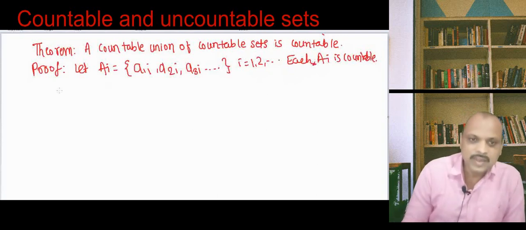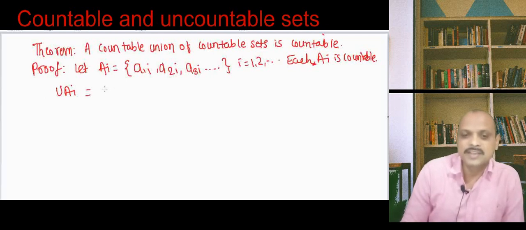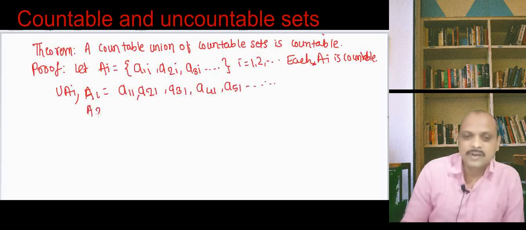Now if we write explicitly the elements, then the union of A_i is, if we write explicitly the elements of the set A1, suppose here A1 equals A11, A21, A31, A41, A51, and so on.